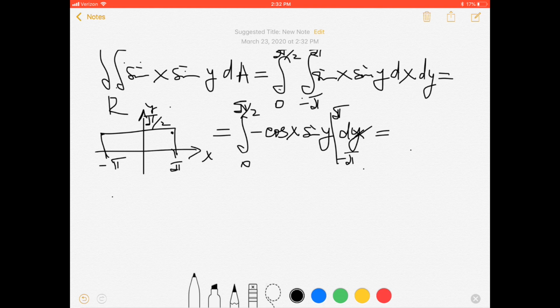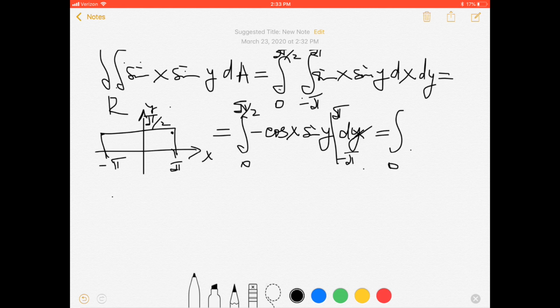Cosine negative pi is negative 1, and we have, just a moment, cosine pi is negative 1. I have 1.